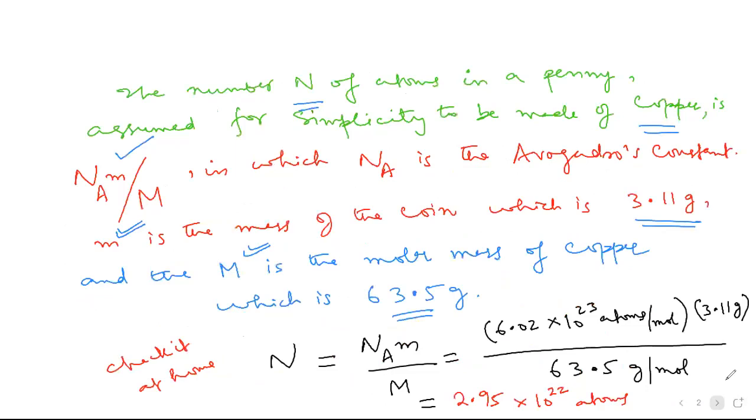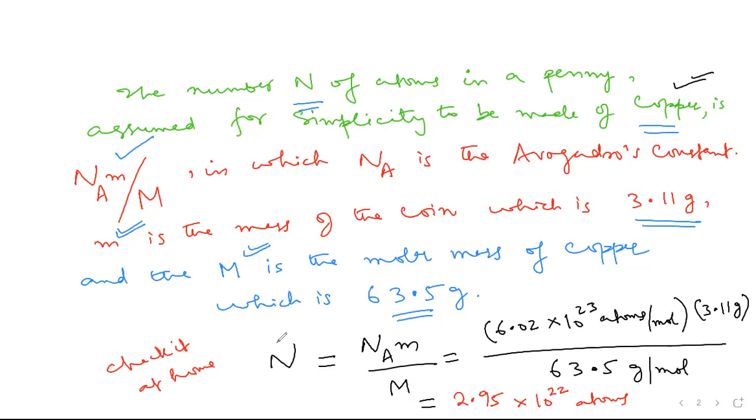Then we assumed for simplicity it is made up of copper only. Then copper has atomic number 29. Then we said the number of atoms in the penny is Avogadro's constant times small m by capital M, where small m is the mass of the coin and capital M is the molar mass of copper.